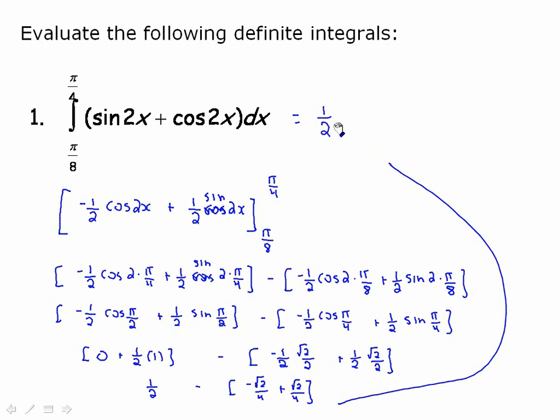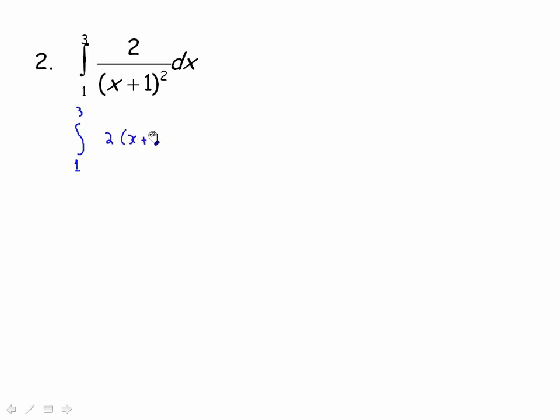Now the next one, number 2, is straight to another algebraic expression. And for this one, be careful, because we're dealing with something that we looked at very briefly earlier, and it was a bit troubling, because this is going to be x plus 1 to the negative 2 dx.